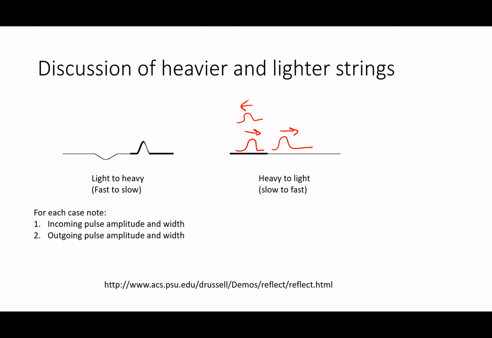So this seems like a weird thing to obsess over, but this actually becomes really useful when we start thinking about other kinds of waves, specifically light. So we talk about the speed of light being 3 × 10⁸ meters per second. That's the speed of light in a vacuum, but in other materials, light travels more slowly.